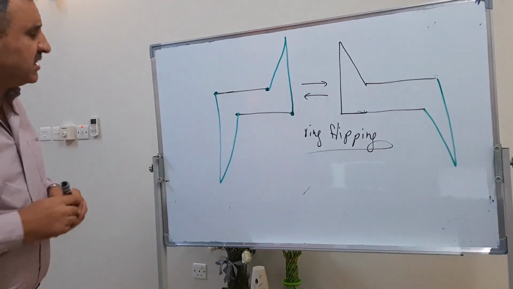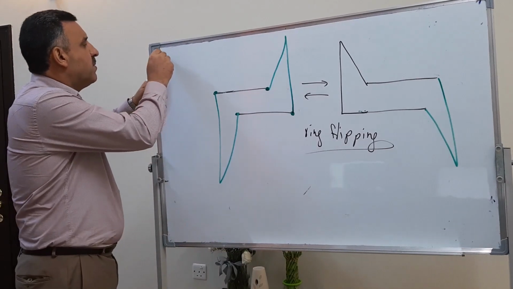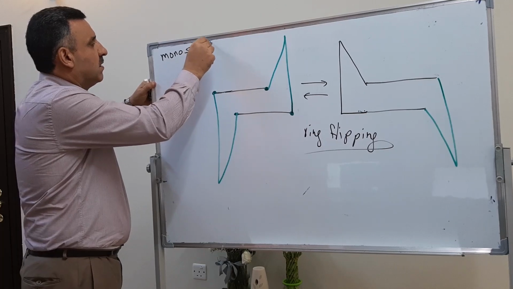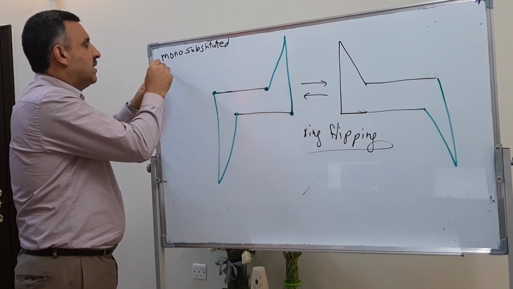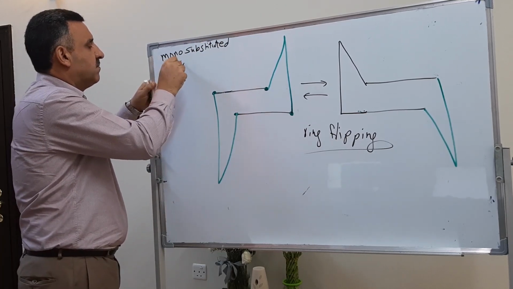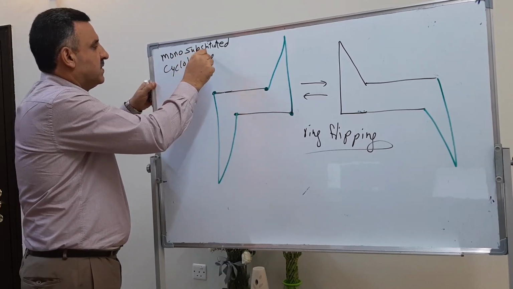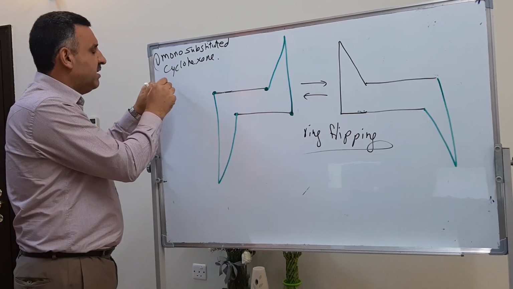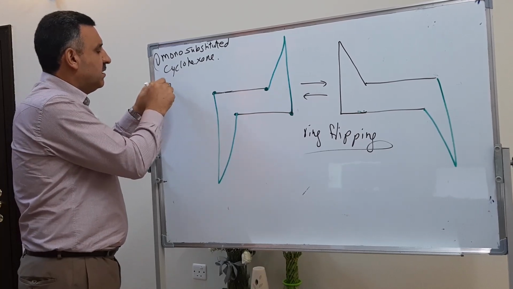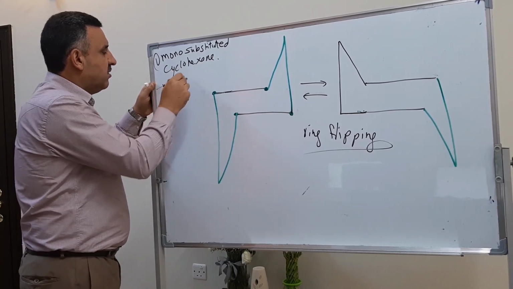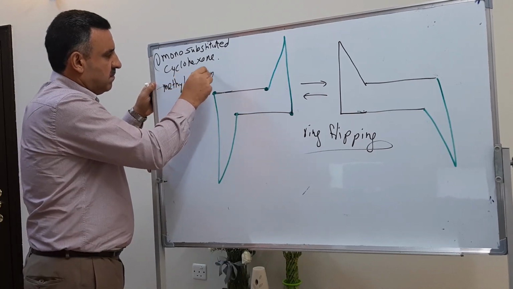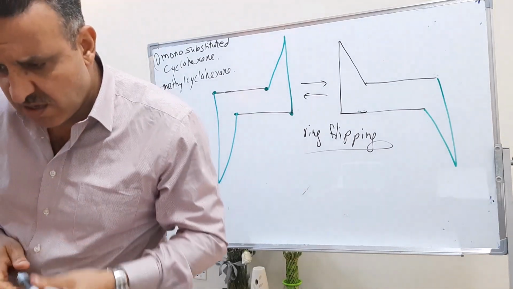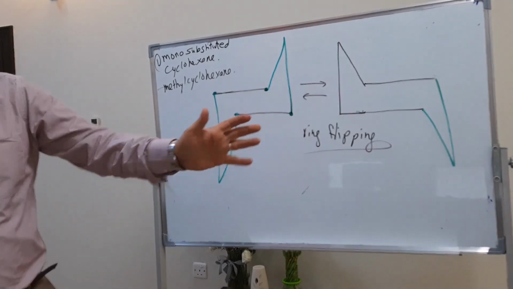So let's take the situation where we have a monosubstituted cyclohexane. The first situation, with a mono substituent, the example here will be methylcyclohexane. When we have methylcyclohexane, these are the two chair conformations possible.